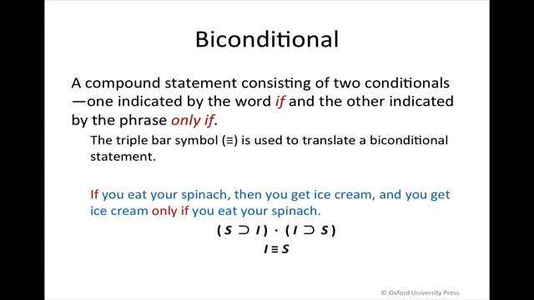Another way that you can think of it is that when you assert the biconditional, you're saying you either have both or you have neither. So more on that a little bit later, but you can see in the example that there are two conjoined horseshoe sentences, and that is equivalent to the triple bar.